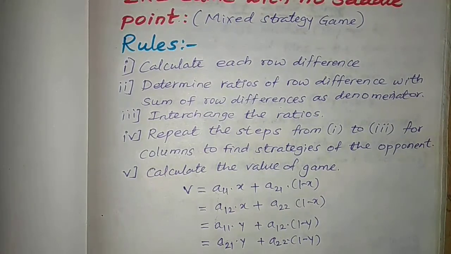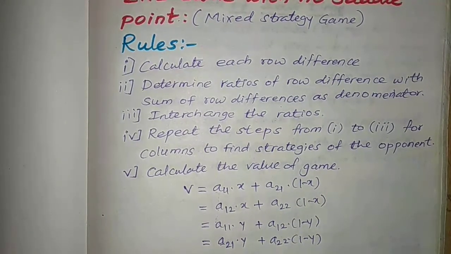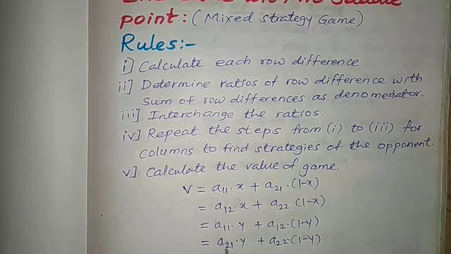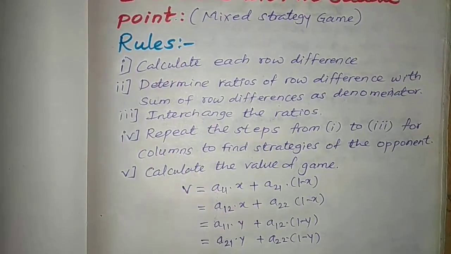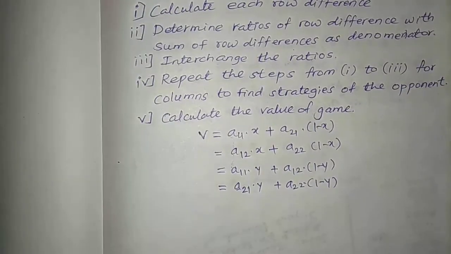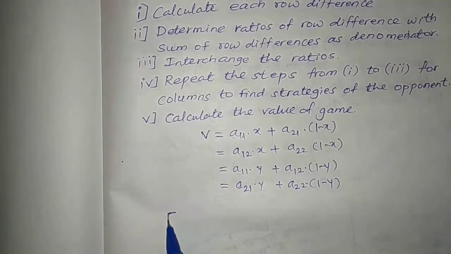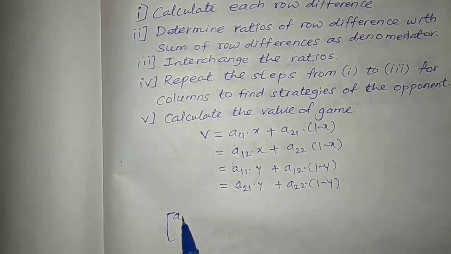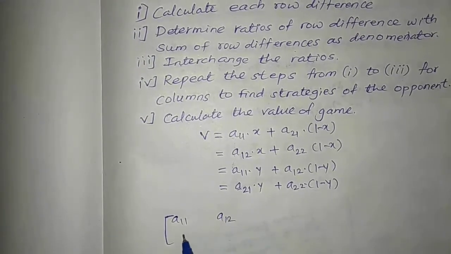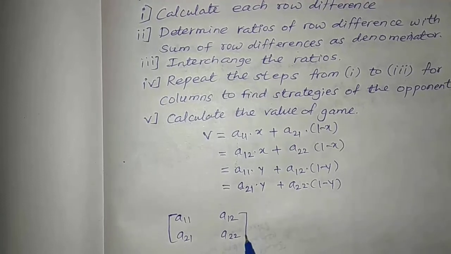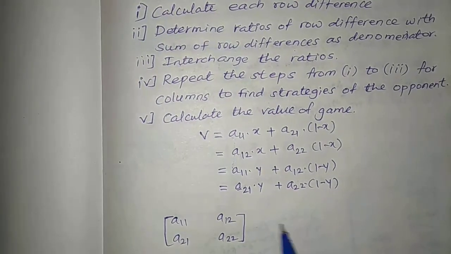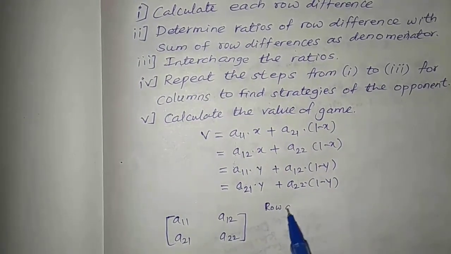Now let us see this with respect to an example, but I would like to first show how to determine the differences. Suppose there is a 2 by 2 matrix with entries a11, a12, a21, a22. How to find out the row differences?